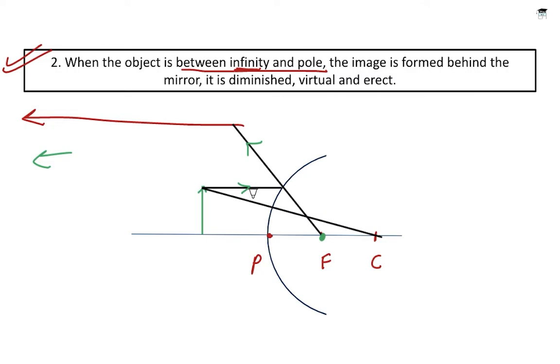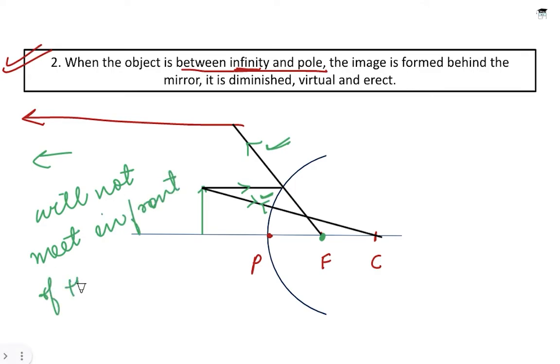The second appears to be passing through the center of curvature, and after reflection it reverses its direction. So the two reflected rays are this one and this one, and these again will not meet in front of the mirror.